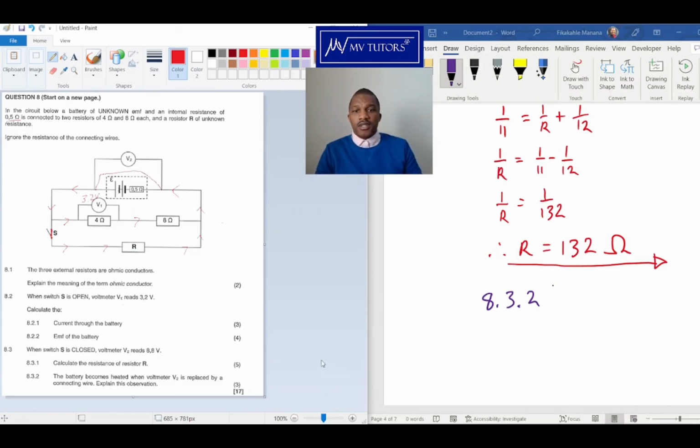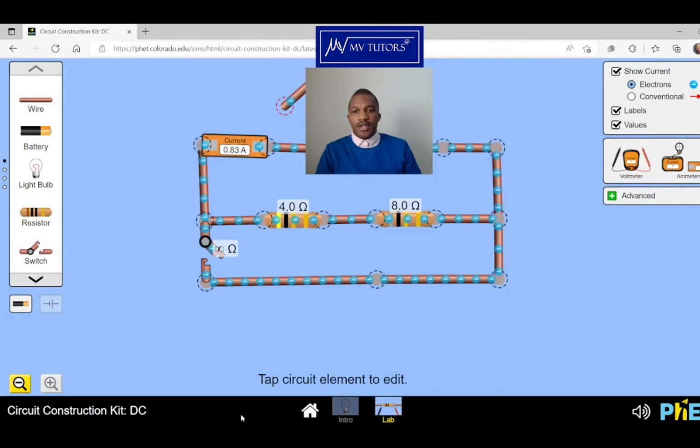Let me simulate that for you so that you can see what's going on. As you can see here, there is our 10 volt battery, our resistance of 4 ohms, our resistance of 8 ohms, and our current of 0.8. Well, it just worked out to be 0.83, but fairly much. So let's see what happens now.